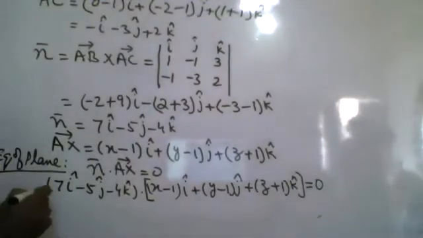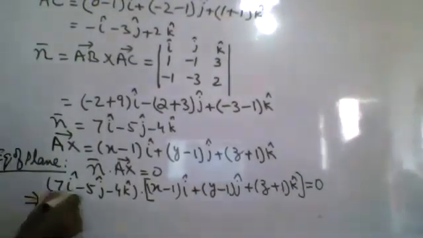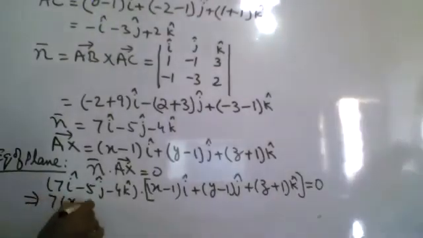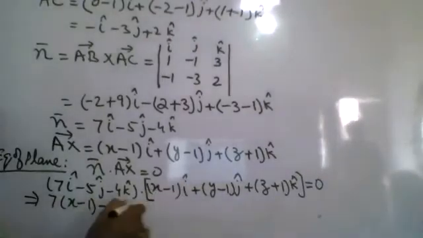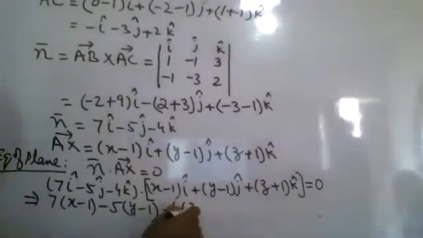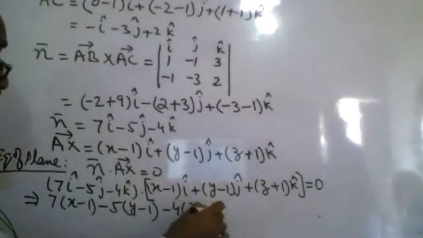Take the dot product. 7 into (x minus 1), minus 5 into (y minus 1), minus 4 into (z plus 1) equal to 0.